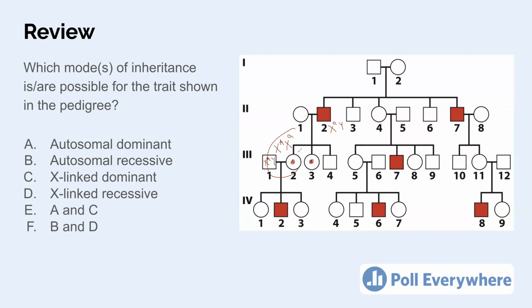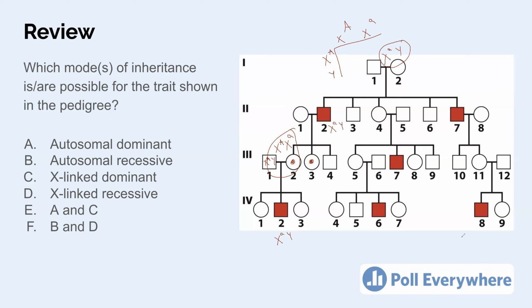Could these parents have an affected son? So X big A, X little a, X big A, Y is the combination. Could they have an affected son? Sure enough, they could. X little a, Y is possible. Half of their boys would be affected, so this is in fact possible.